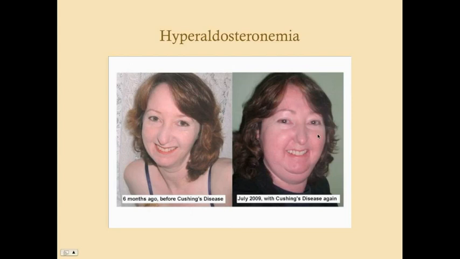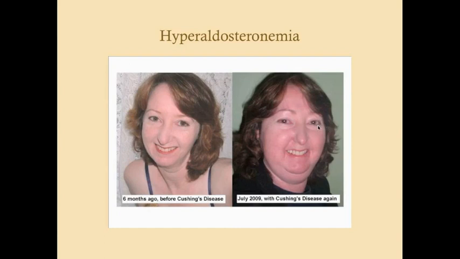So that might be a hint. But moon facies, I don't know why they call it that, is not a really reliable thing in the clinic, just because having fat in your face because you're obese and having moon facies look so similar.